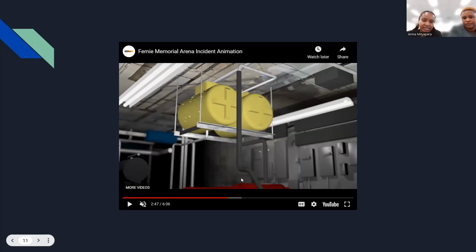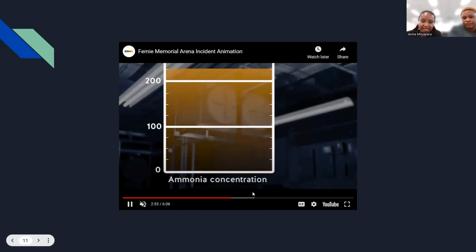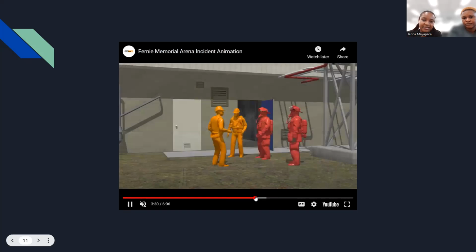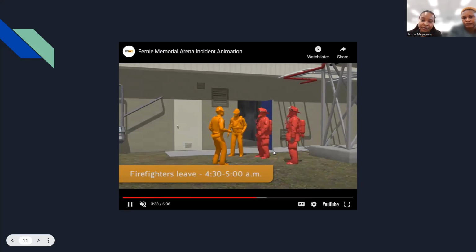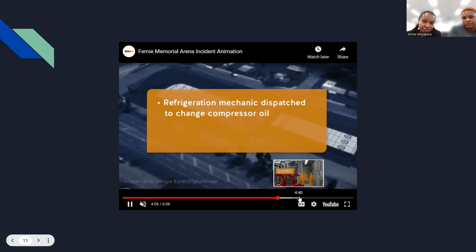In this incident, the compressor's working fluid, ammonia, leaked, and that became very dangerous for the workers. And I believe 2 workers got injured.